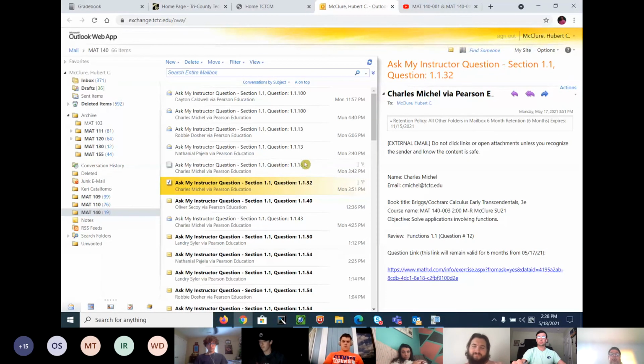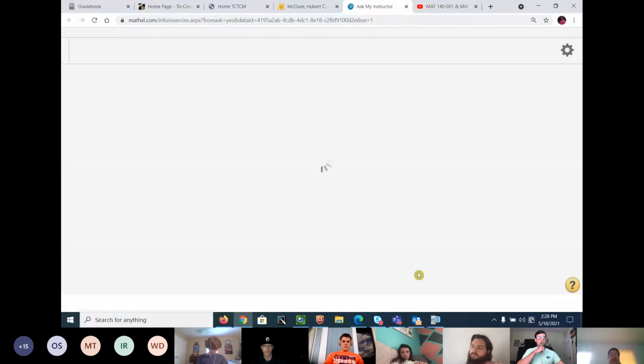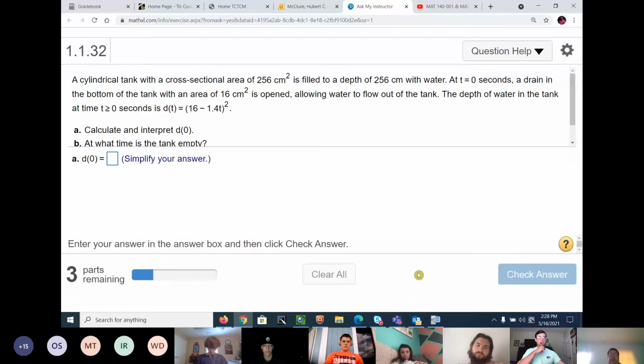All right, so this is 1.1, 32/12. Let's see what it looks like. First of all, is it a test question? Oh, yeah. A cylindrical tank with a cross-sectional area is filled to a depth with water at 0 seconds.